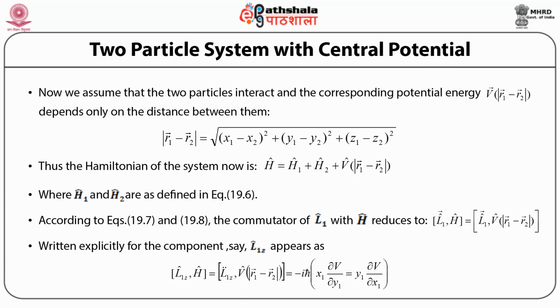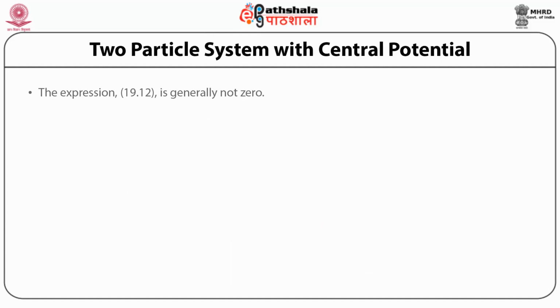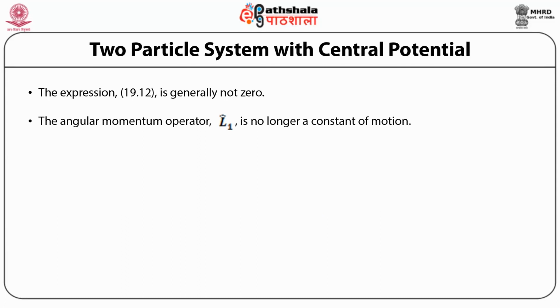This is equal to minus iota h cut into within the brackets x1 into del V by del y1 minus y1 into del V by del x1. The expression defined by equation 12 is generally not zero. The angular momentum operator L1 is no longer a constant of motion.